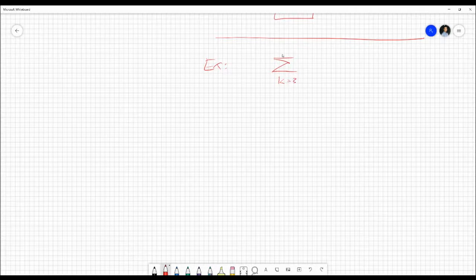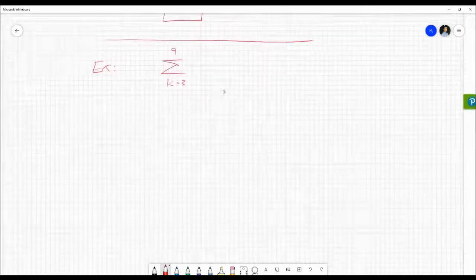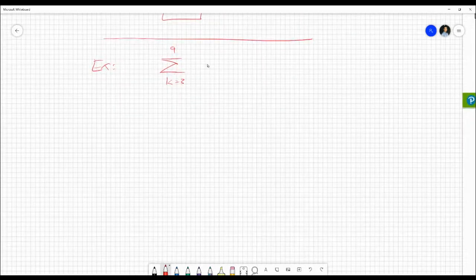From 3 to 9. So this means A3, A4. I'm going to write it all out. All right, so we have 7 terms here.